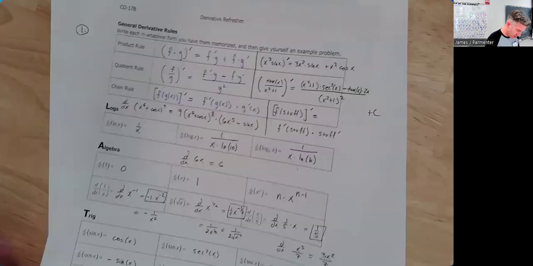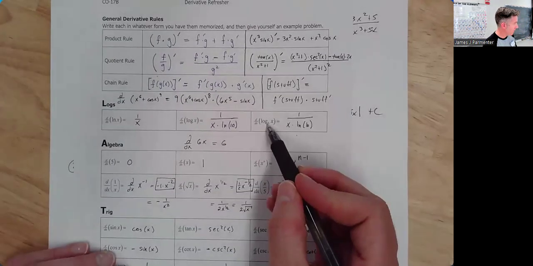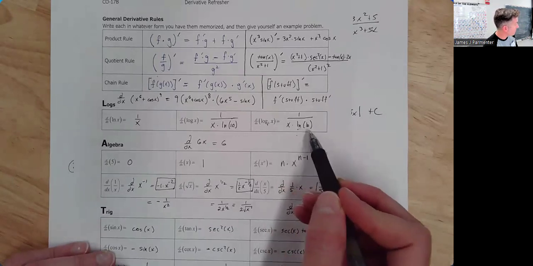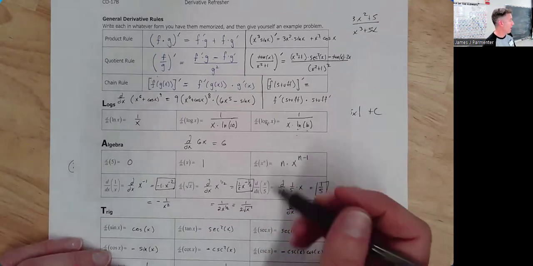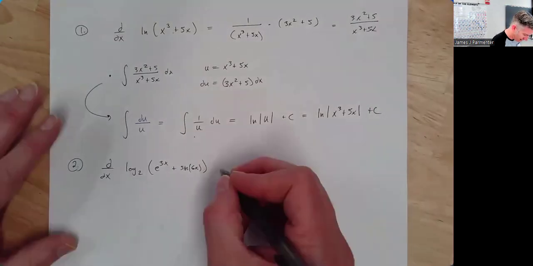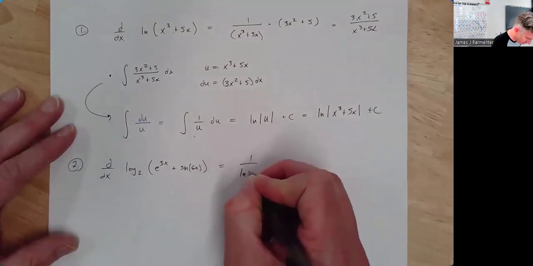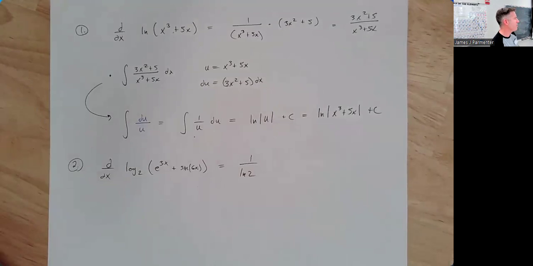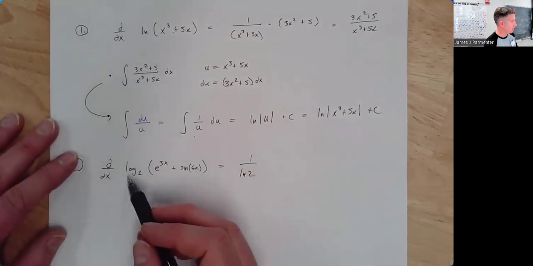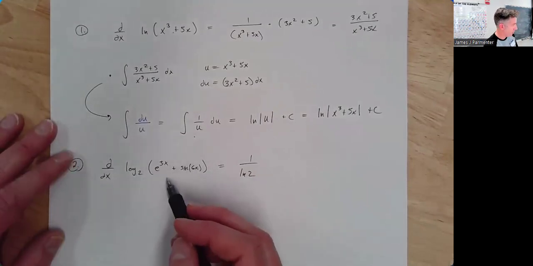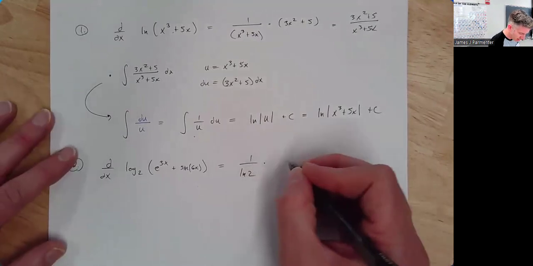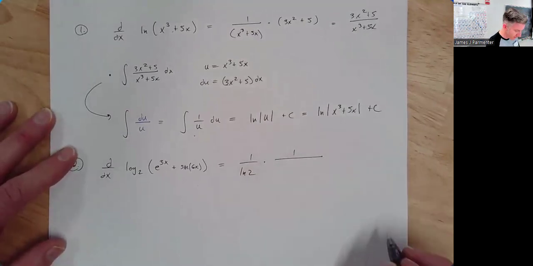When I had a log base b, I ended up with a natural log of b in my denominator. So I know here I'm going to have a natural log of 2 in my denominator. You can even start off that way if you really wanted to. You say, well, I know I'm going to get a 1 over natural log of 2. It's kind of weird to start that way, but it's also totally fine. So I'm really ignoring the 2. Then I'm just going to say, what's the derivative of log of some stuff? Well, once again, it's 1 over all the stuff.